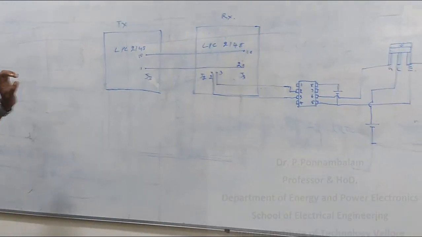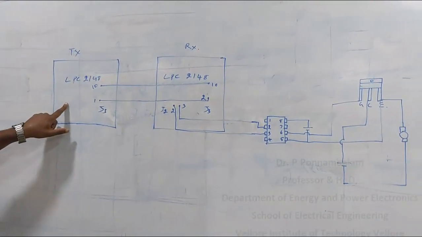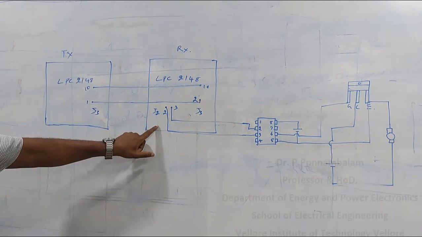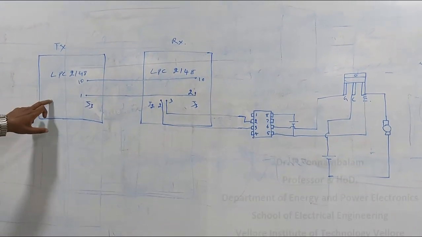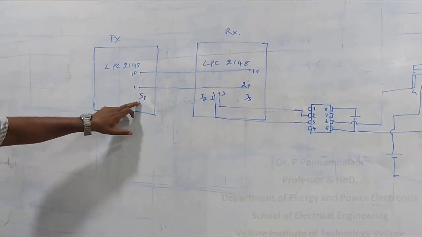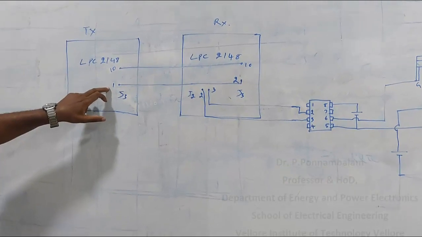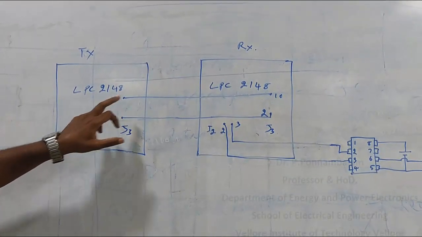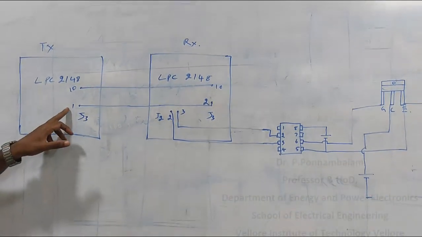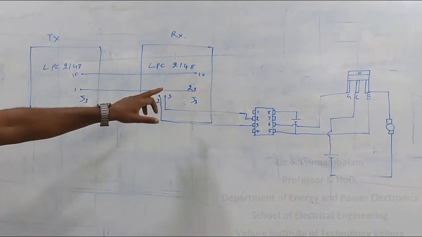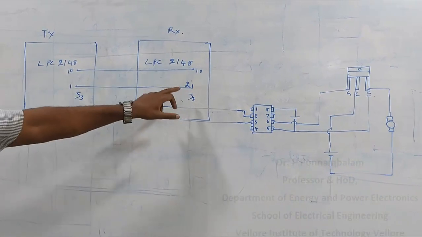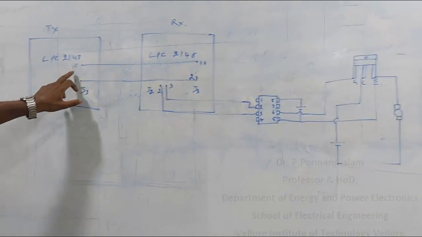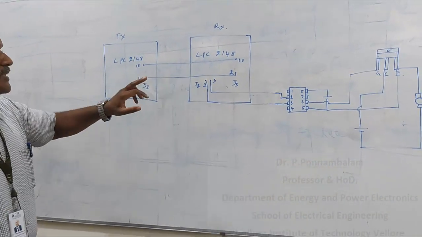Start. So this is your transmit microcontroller and this is your receive microcontroller. In the transmit microcontroller, in J3, the first pin will be used for TXD and the second pin will be used for RXD. The first pin of J3 is connected to the second pin of J3 in the receive microcontroller, while 10 is the ground pin for both cases.